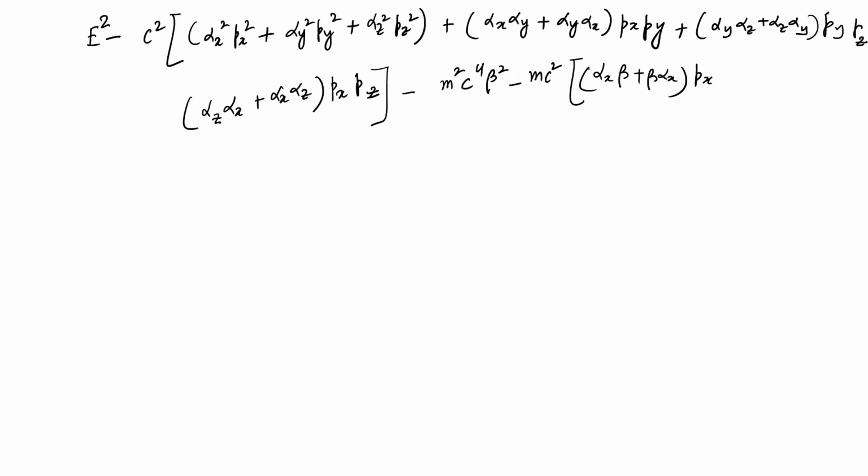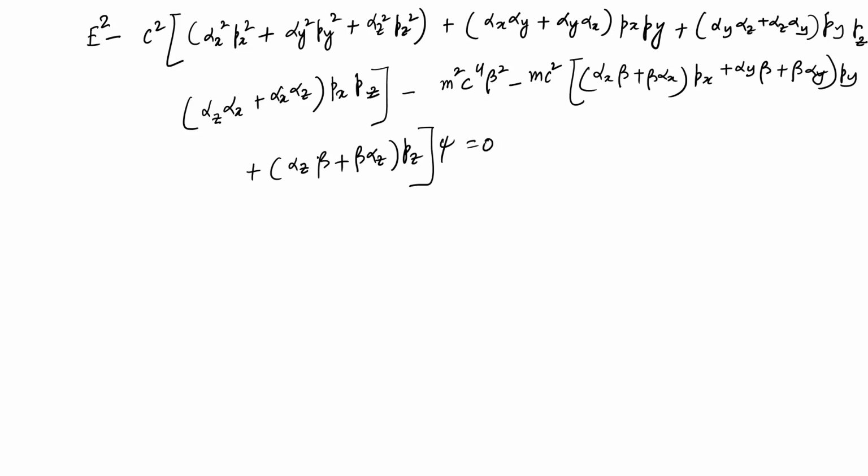There are 3 terms times 3, so there will be 9 terms and so on. Plus alpha y beta plus beta alpha y, p y, and the last term is alpha z beta plus beta alpha z, p z, acting on psi, equal to 0.